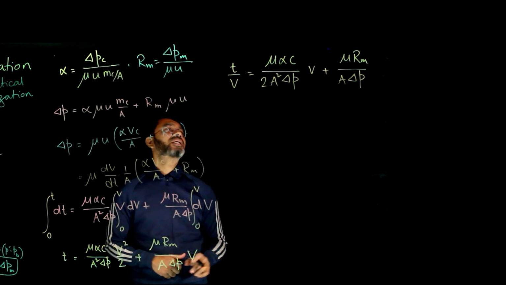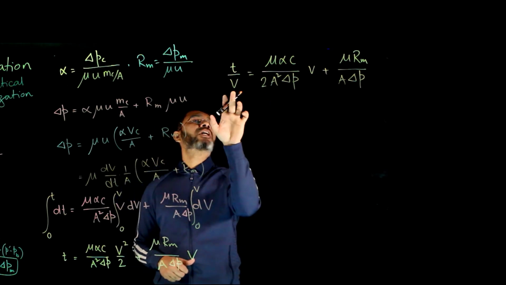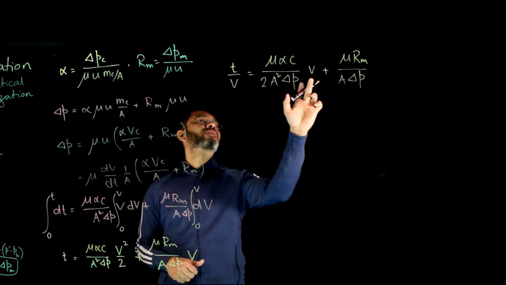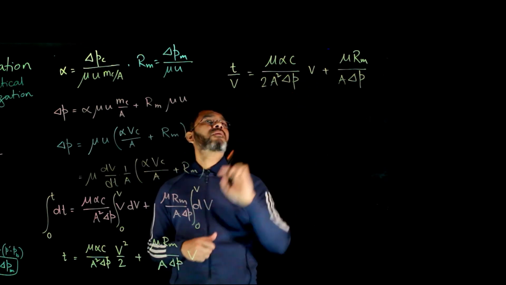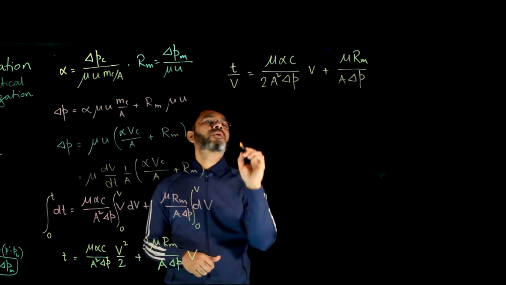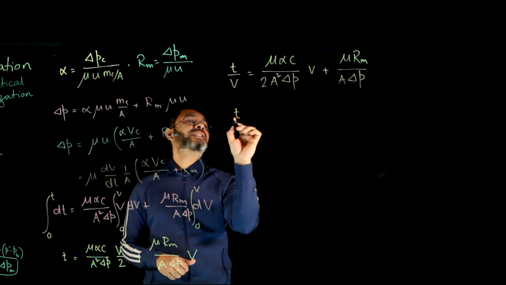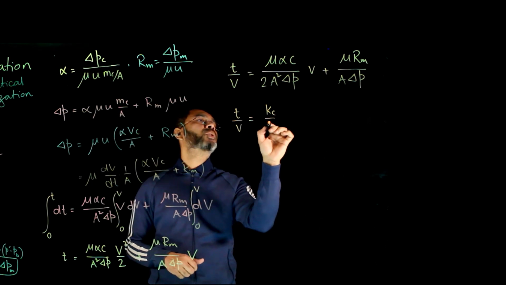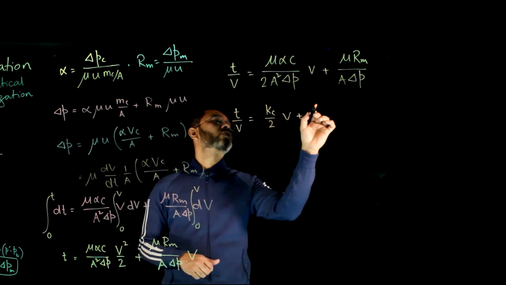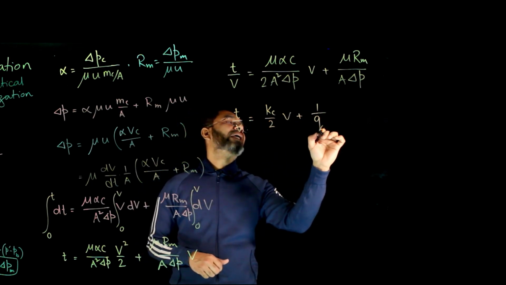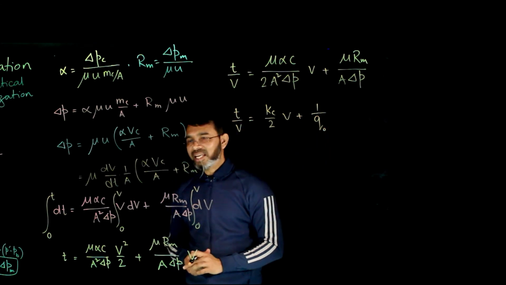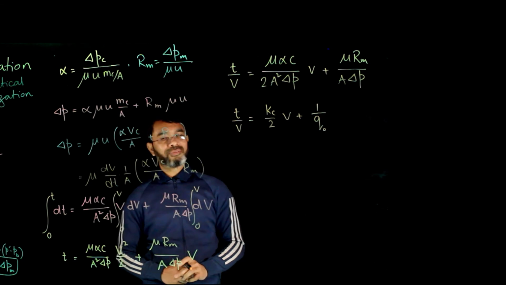You can see that if you take t over V as one variable, V as another variable, and this is your y, this is your x, you see that y is a linear function of x. So, in a textbook, it will be written as t over V equals Kc over 2 V plus 1 over q naught. So, q naught is really given as the initial flow rate of the filtrate.